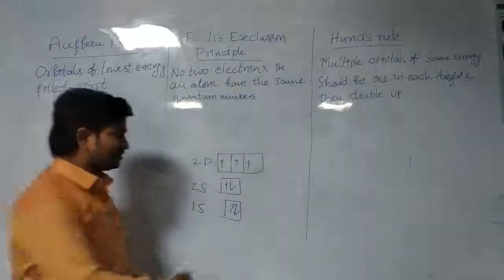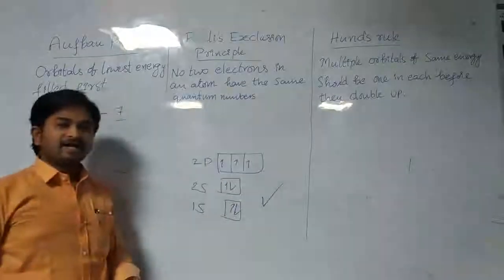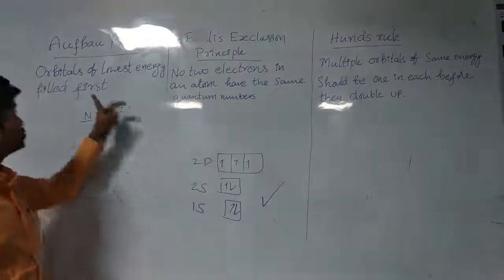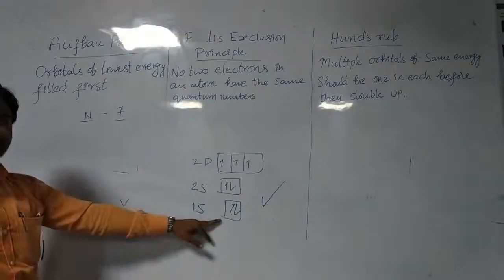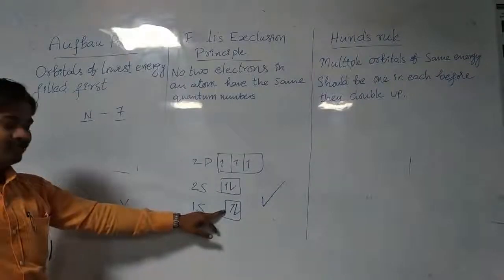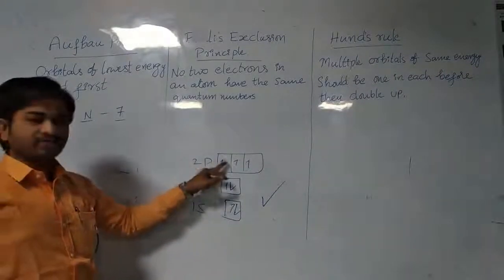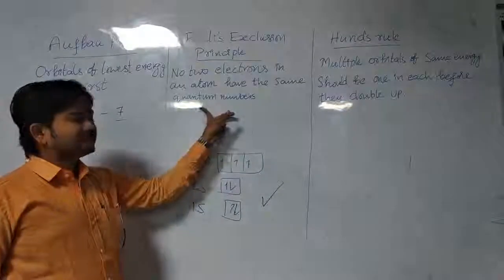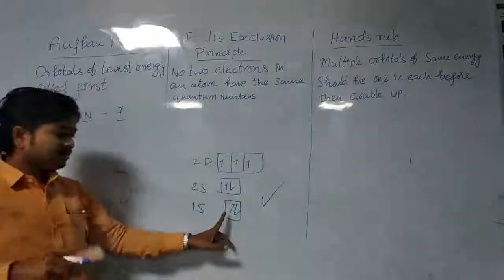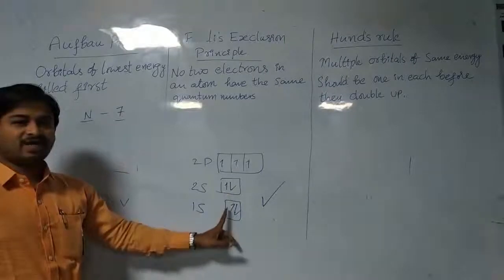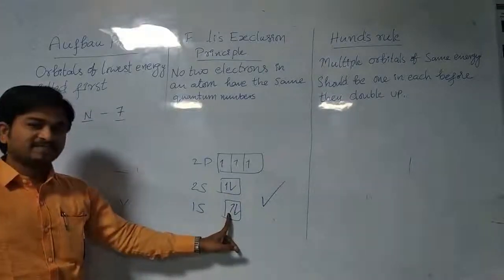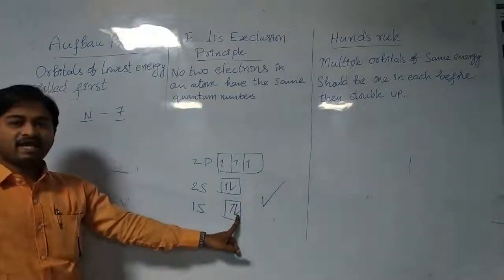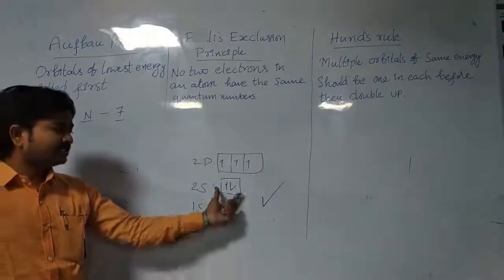What does the first rule say? The lowest energy level should be filled first. Here the lowest energy level is filled, and only then does it go up. Next, Pauli's exclusion principle says electrons with the same quantum numbers should not be in the same orbital. Here, one is plus half and the other is minus half. This is satisfied.